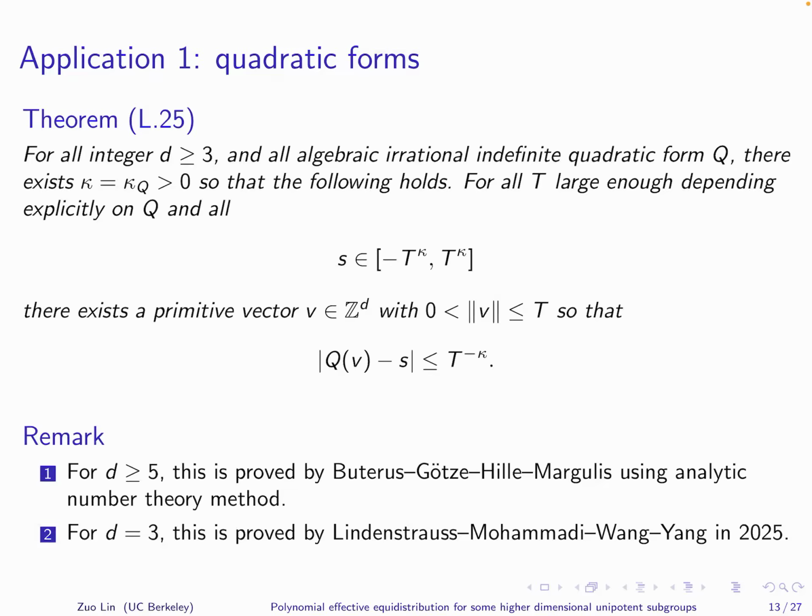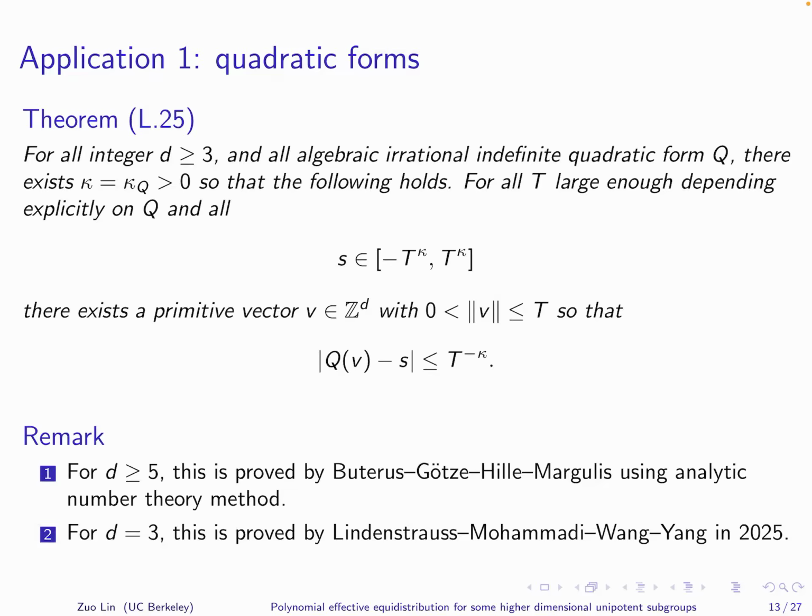For all t large enough, depending also explicitly on the quadratic form, and all real numbers s lying inside the interval negative t to the kappa to t to the kappa, there exists a primitive non-zero integer vector with size at most t, so that the value of this quadratic form on this vector is t to the minus kappa close to s.